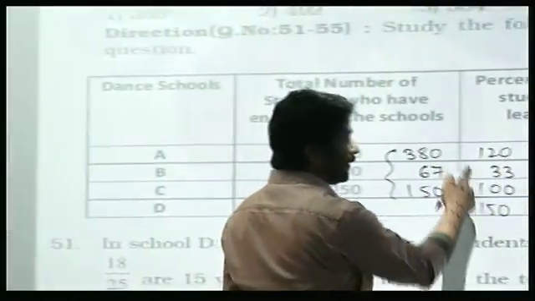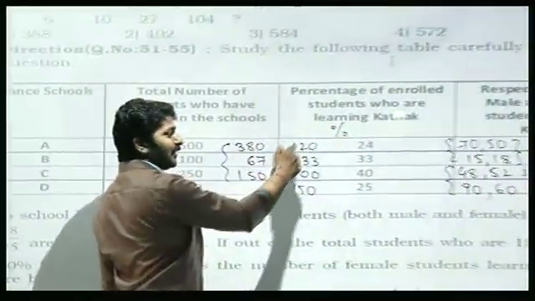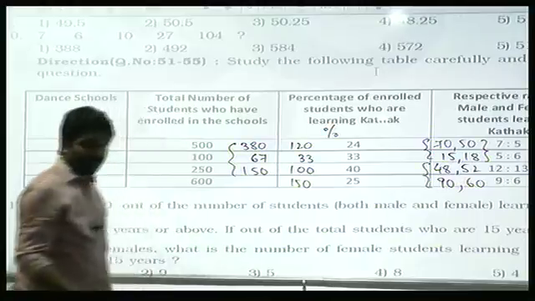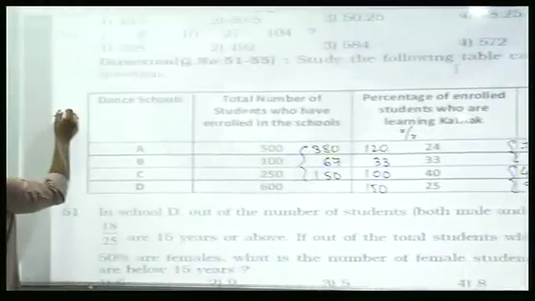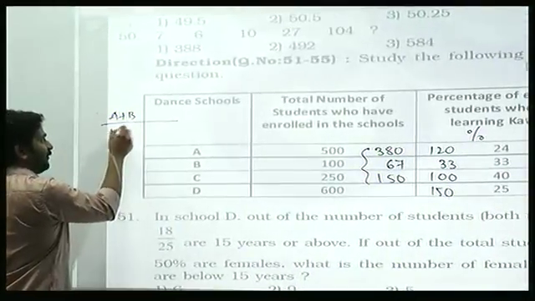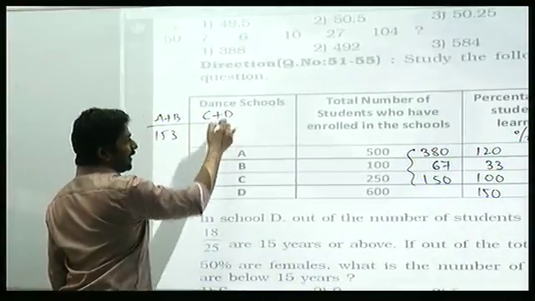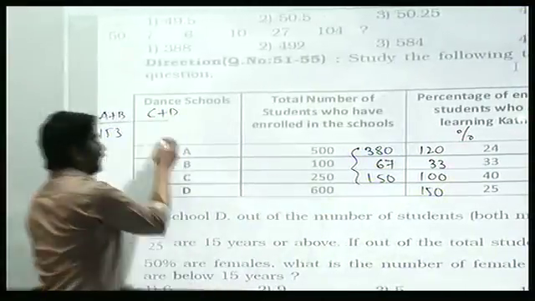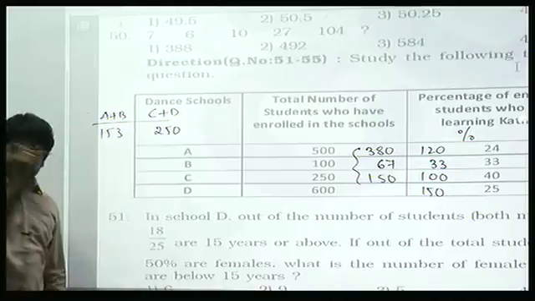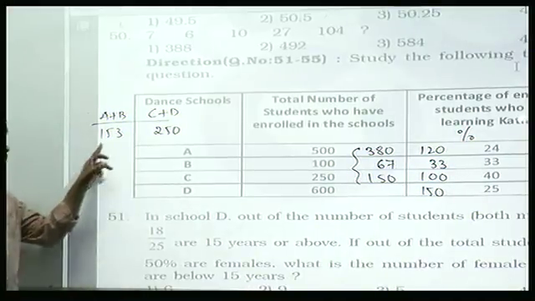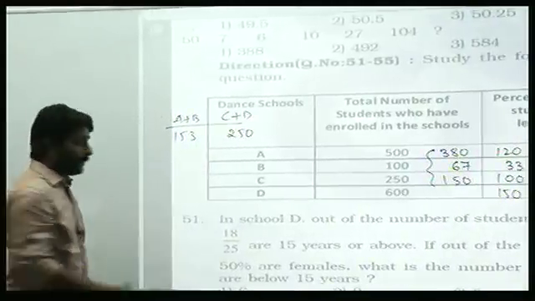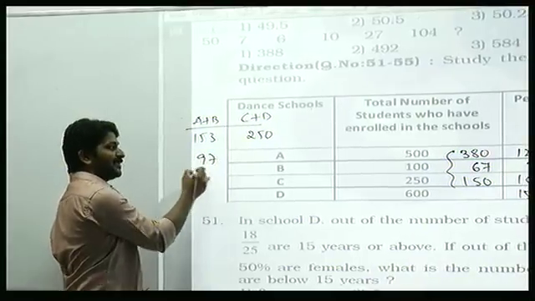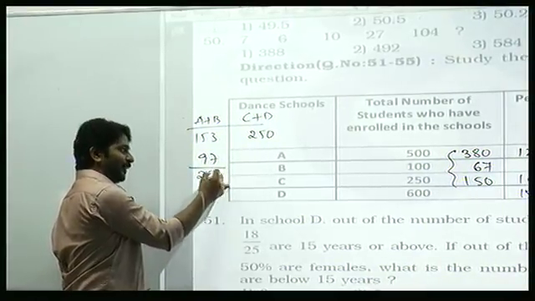A and B together, candidates who have enrolled for Kathak together, it is 153. So A and B together it is 153, and C and D together it is 250. And you are asked about what percent less. 153 is how much less than 250? 97 less. From where? 250.